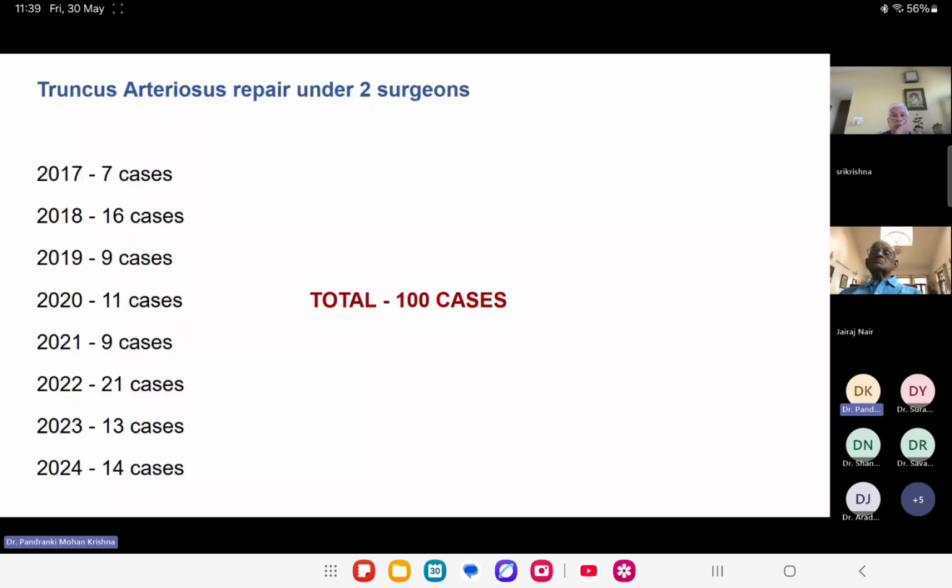Most are operated between 6 weeks and 6 months of age, with extremes where some patients are operated around 2-3 years.